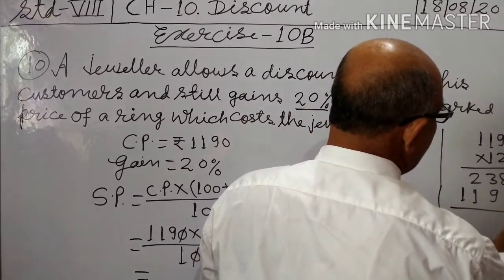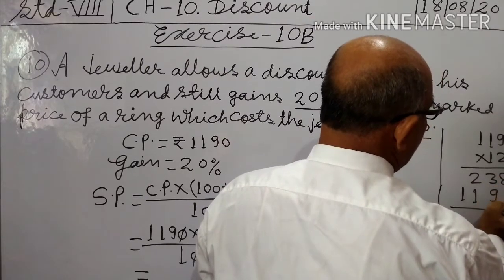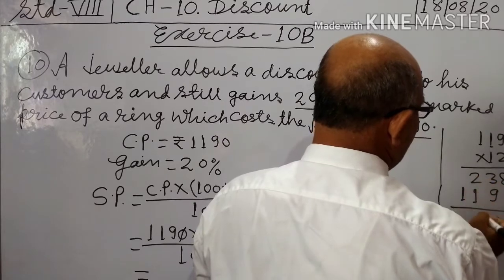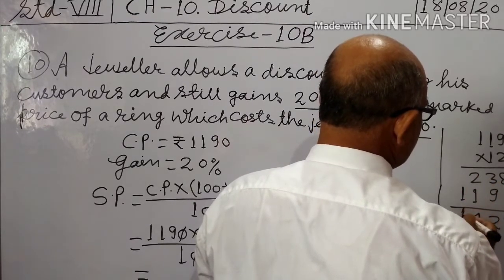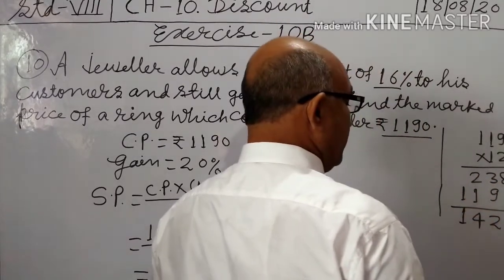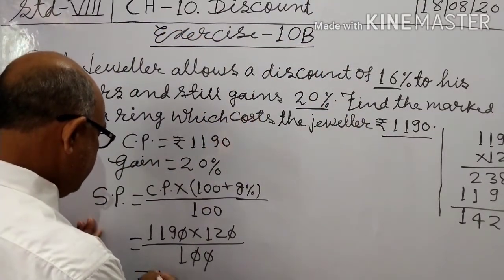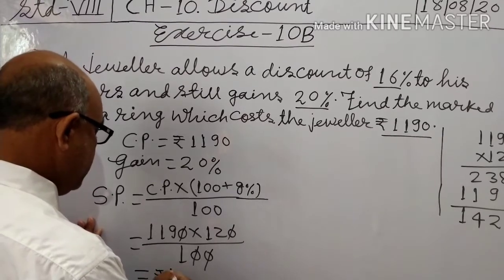Now add it. 8. 9 plus 3, 12, write 2, carry 1. 2 plus 1, 3. 3 plus 1, 4. 1428. That is SP, rupees 1428.